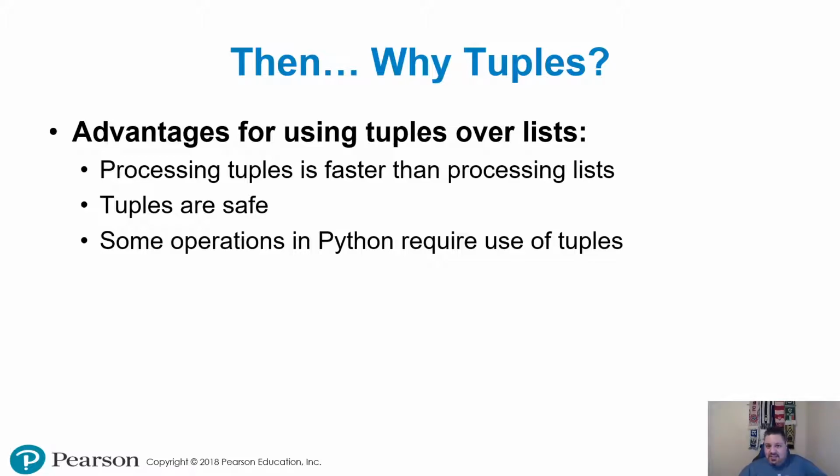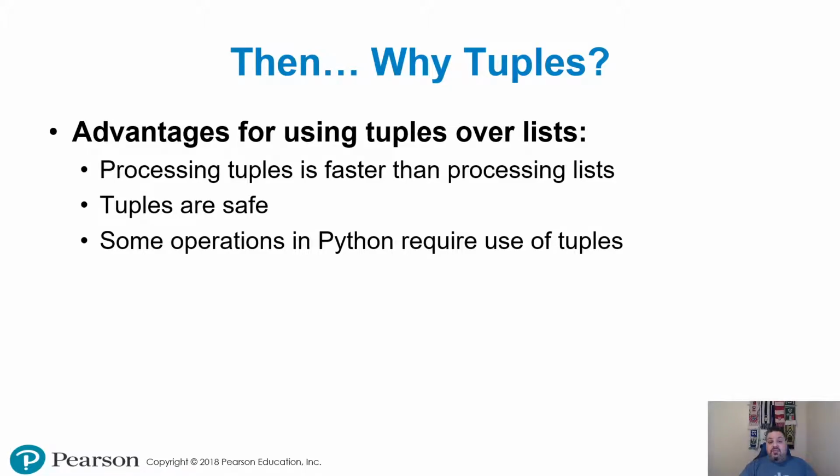It's kind of like the constant version of a list, but I don't want to go too far down that rabbit hole because that's not exactly right either. But if you think about it in that respect, it's something that's not going to change once it's created. Okay? So because of that, tuples are safe, right? You don't have to worry about somebody else overwriting your data. You don't have to worry about a lot of things if that tuple of information cannot change, right?